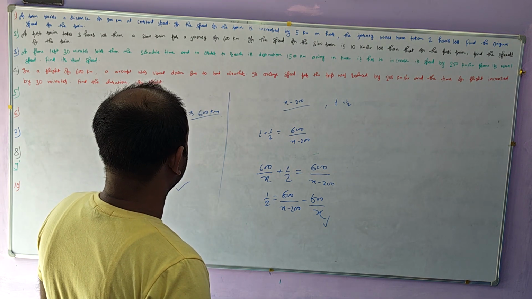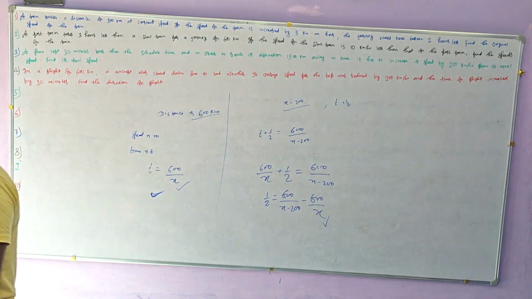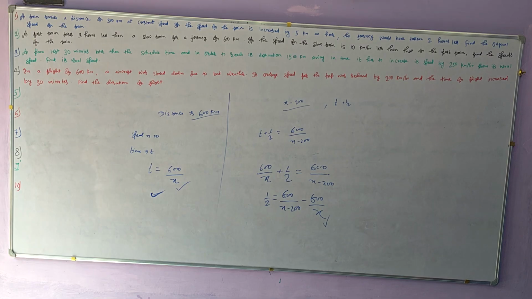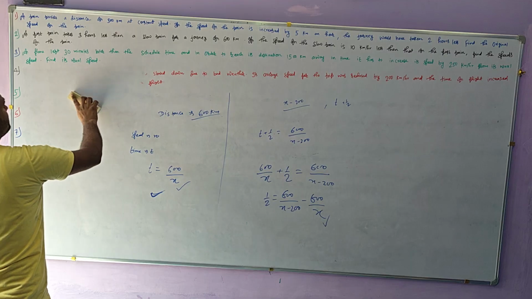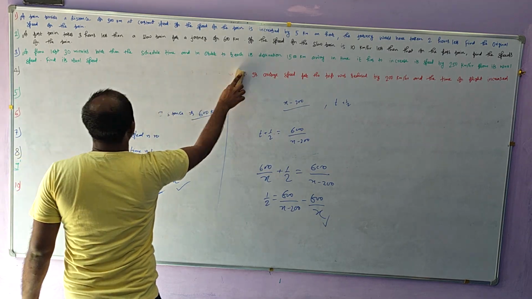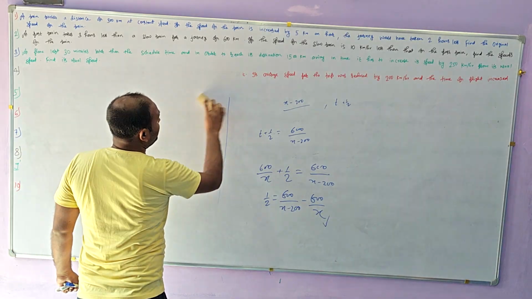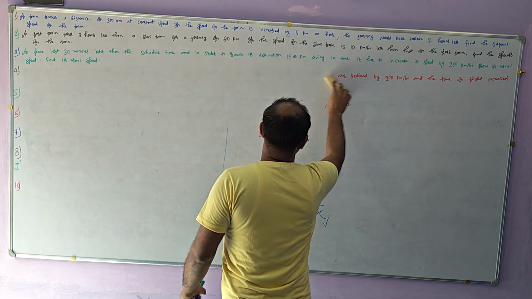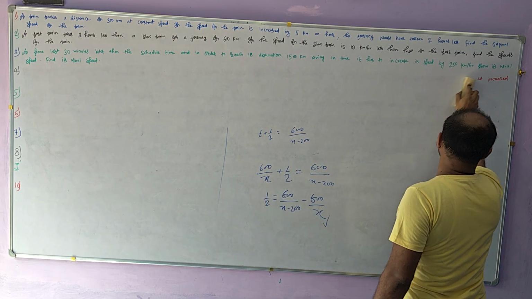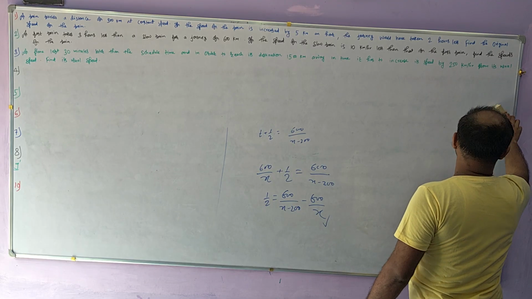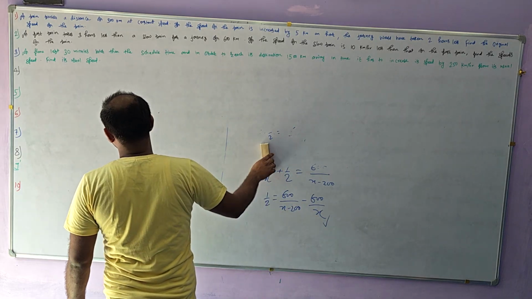Now in another question, a plane left 30 minutes later than the scheduled time, and in order to reach its destination 1500 kilometers away in time, it has to increase its speed by 250 kilometers per hour from its usual speed.